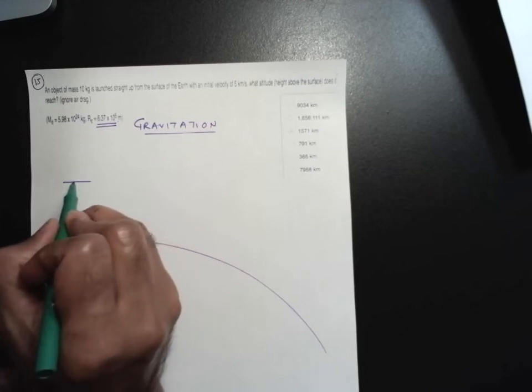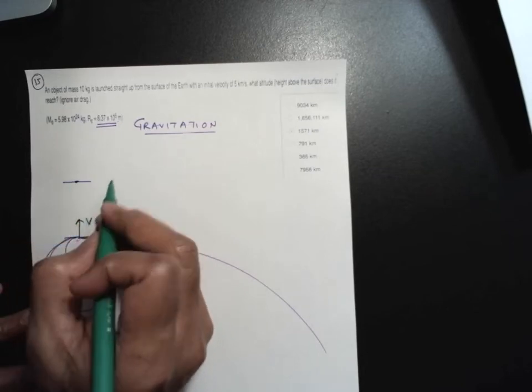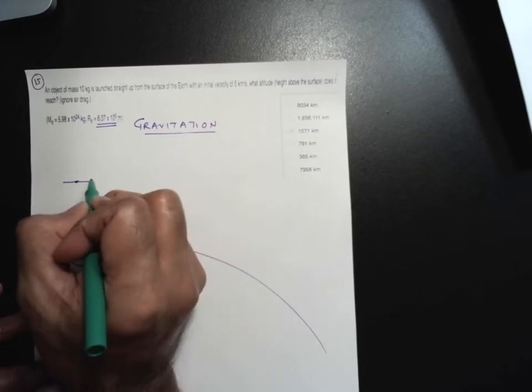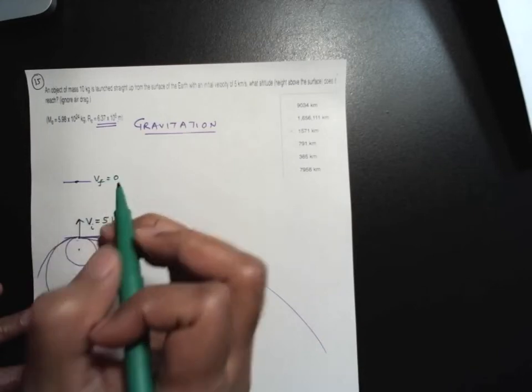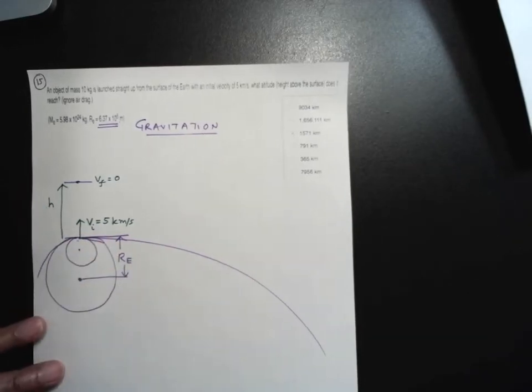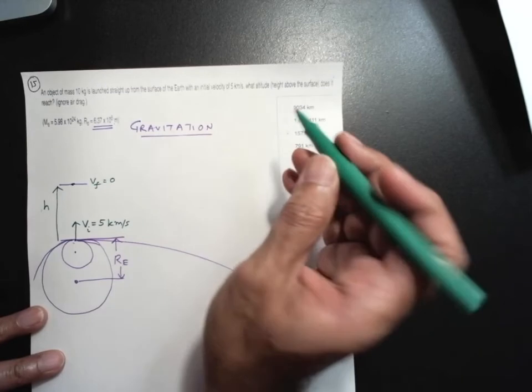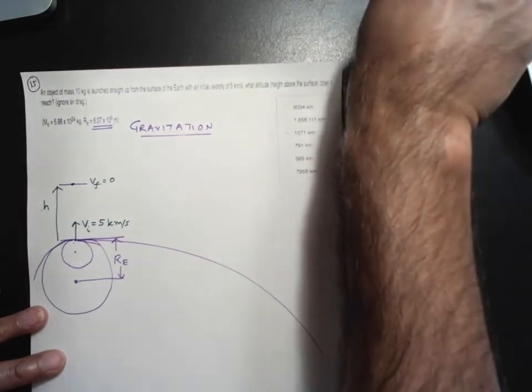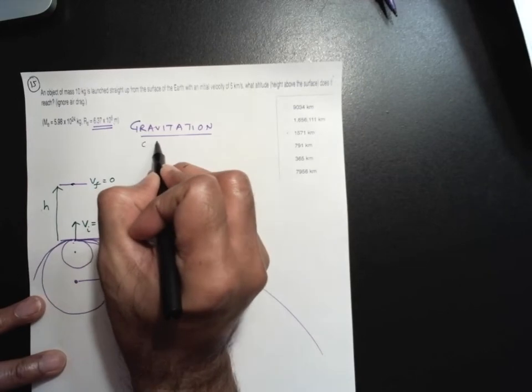Okay, so it stops here somewhere. So if your v initial was 5 kilometers per second, v final is 0. And the question is that, you know, what is this height h that it went up to? And so it is really a conservation of energy problem.